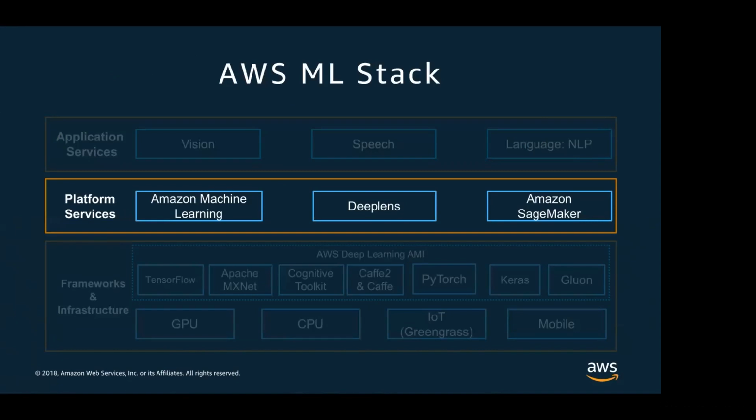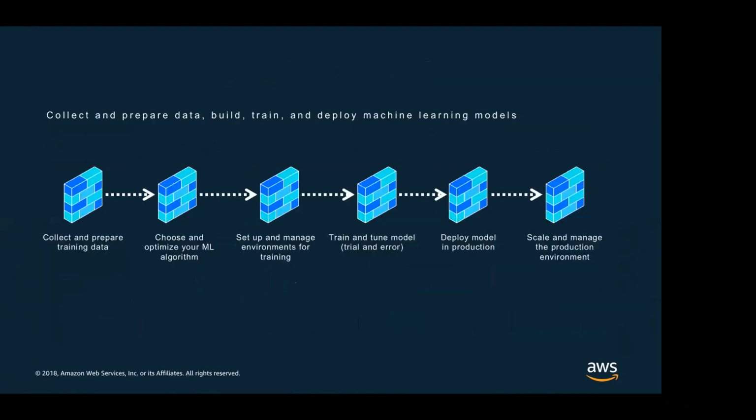Then we have another layer that we call platform. This is a layer where, in a typical way, when we start training our data for building a custom model, we start like this. We need to collect all the data, all right?